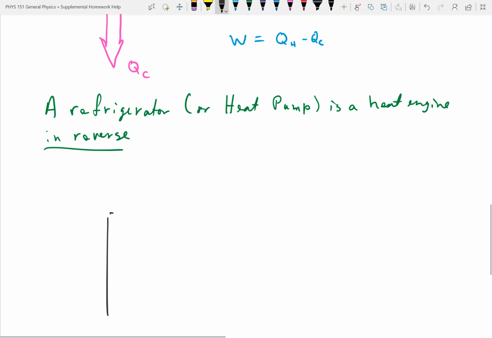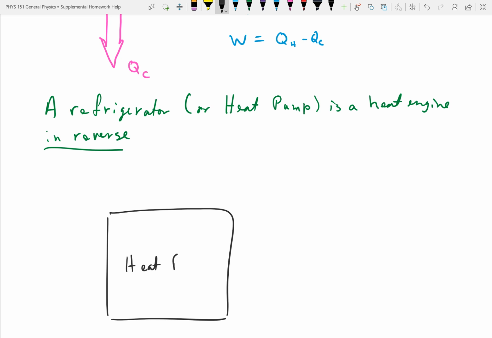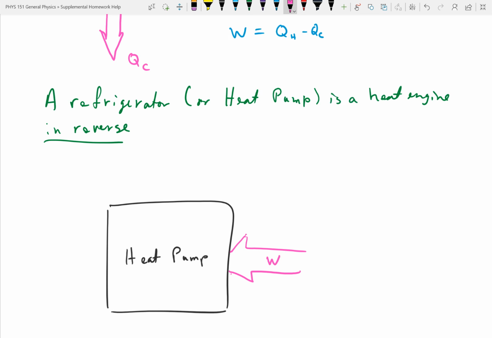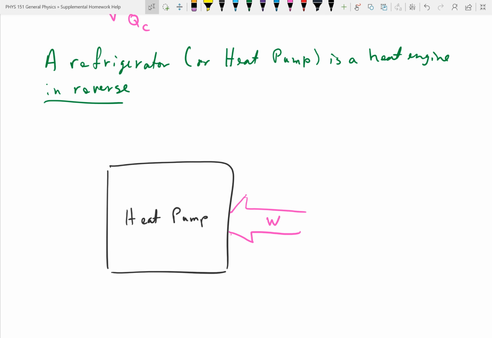So here's my heat pump. And instead of work coming out, I'm going to have work going in. I'm going to change the color there. So the work is going in. You're putting work into the heat pump.